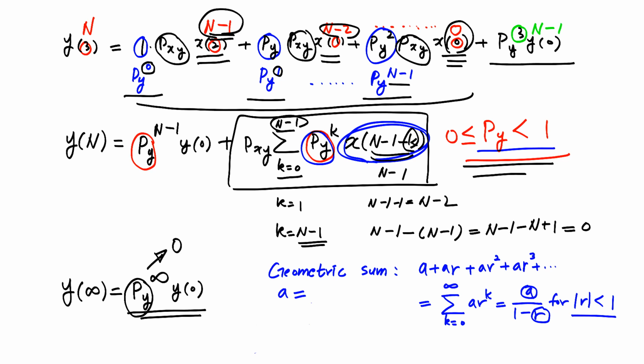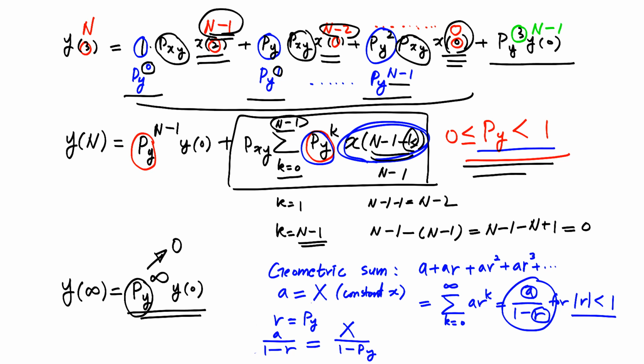But we are assuming that X protein concentration is constant. So let's call that concentration just large X. It's constant X. And what is this R? R is P sub Y. So the expression we have, this A over 1 minus R, which is this one, becomes large X over 1 minus P sub Y. This Y of infinity has the first term, which is 0, and there's a second term.